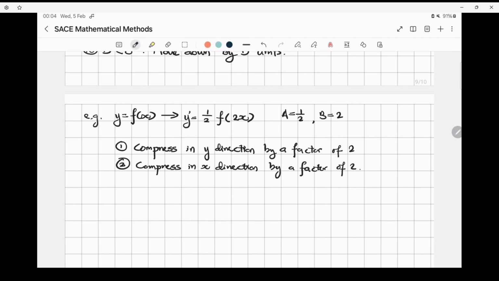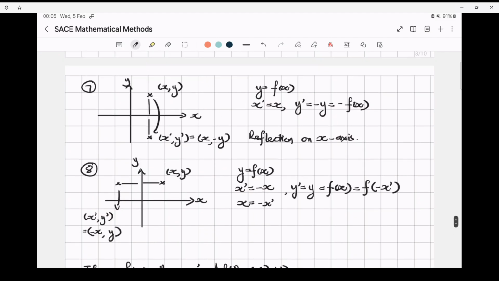In this case, because one transformation involves your x direction and one involves your y direction, the transformation order does not matter. You can do the x one first and then the y one later, or you can do the y first, like what I did, and then x later.